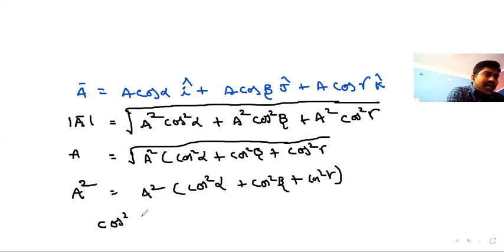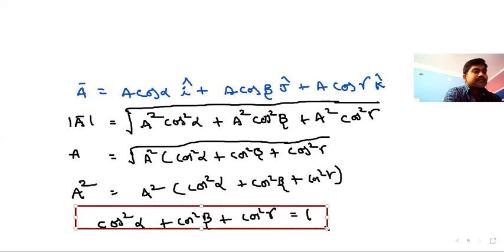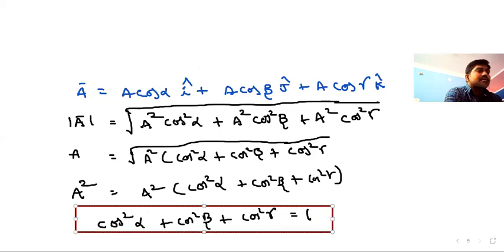Then what is the value of cos square alpha plus cos square beta plus cos square gamma? It is equal to 1 only, no? It is simply equal to 1. This particular equation is called the cosine law.